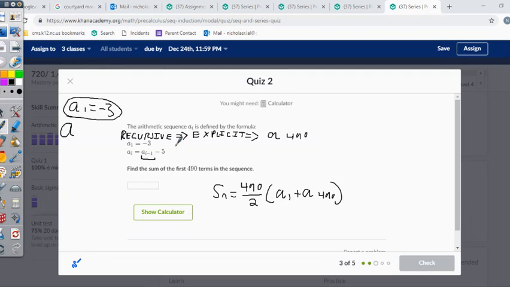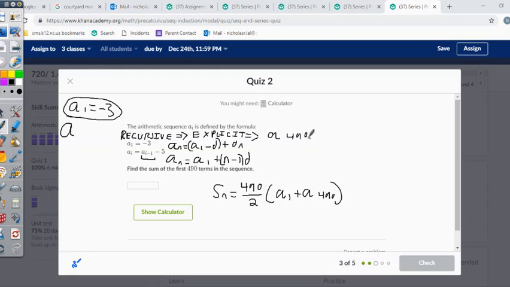We can either use an equals a1 minus d plus dn. But there's an easier one we can use. We can also use an equals a1 plus n minus 1 times d.